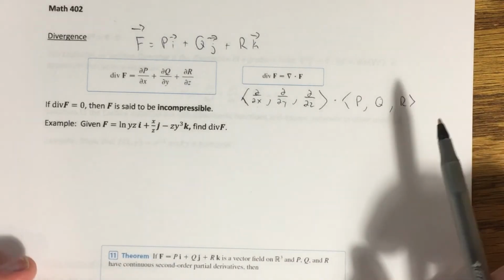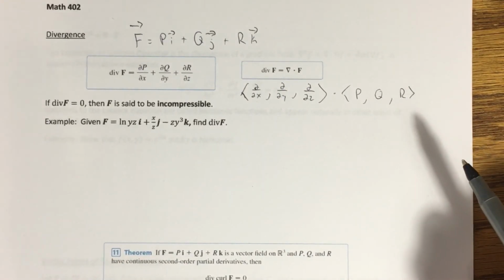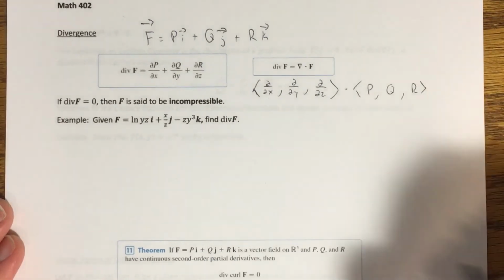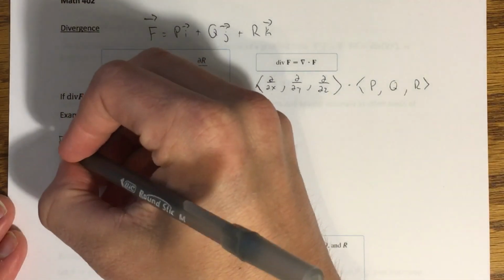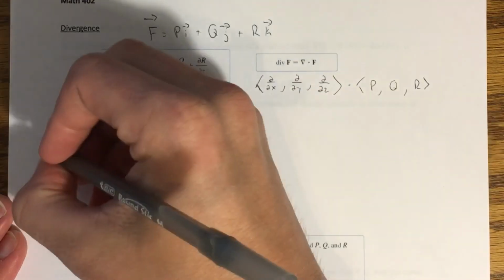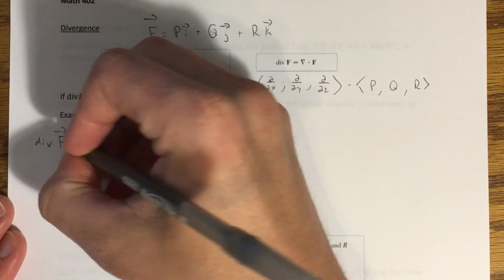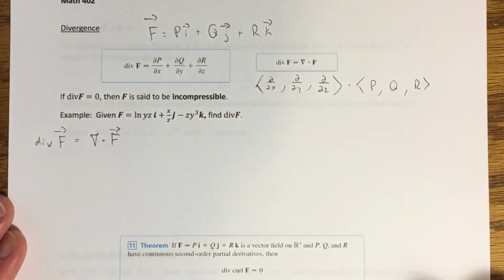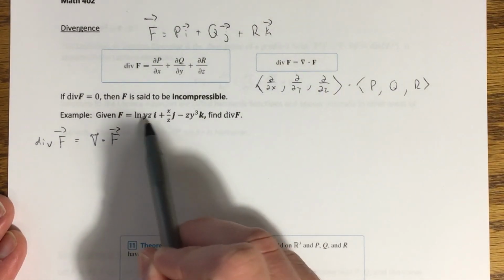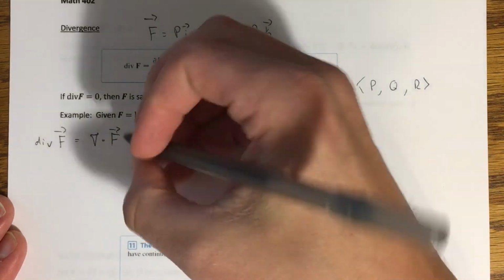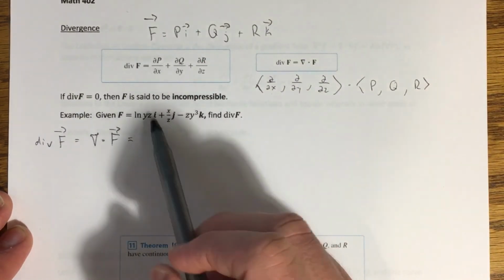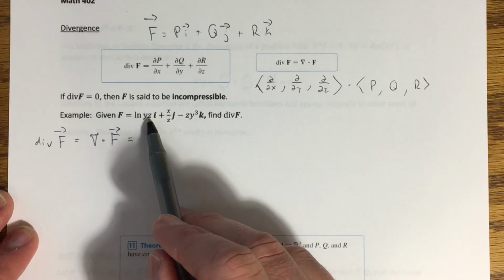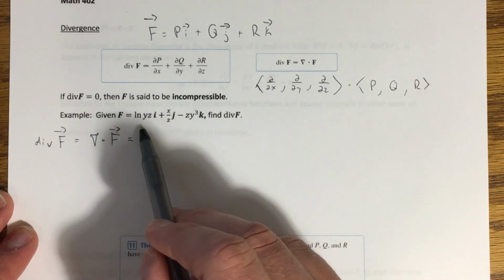Let's practice finding the divergence of a vector field. It's easier than finding the curl because it's not a full determinant that you need to find. Here, if I want to find the divergence of F, that's del dot F, where this is my function F. So what I need is the partial derivative of this first function P with respect to x.